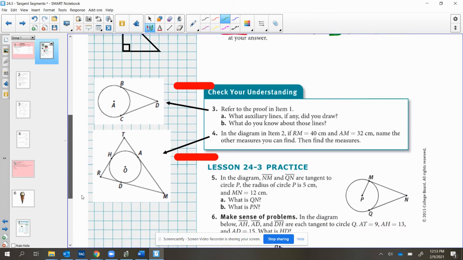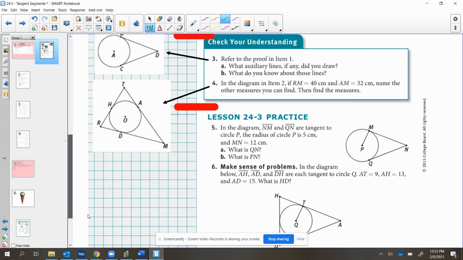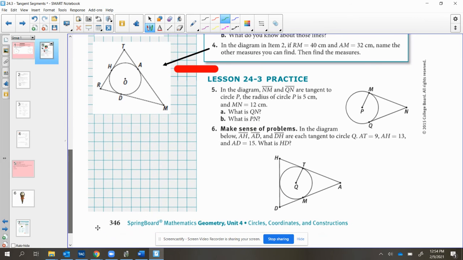Now, we're going to skip number 3, but if we look at one last example, which is number 4, we're going to see another walk-around problem based on the front page. On this particular walk-around, they're giving us that R to M is 40, and AM is 32, which we know is going to be the length of DM as well, since they're equal to each other.